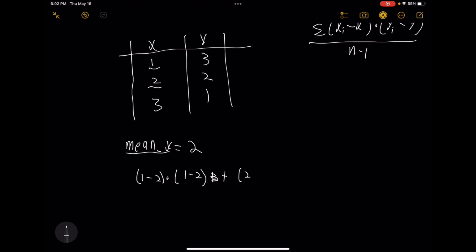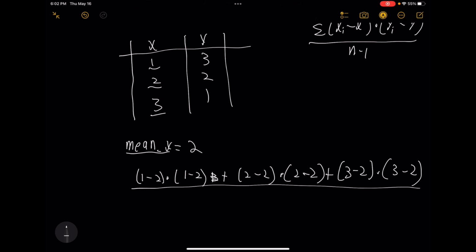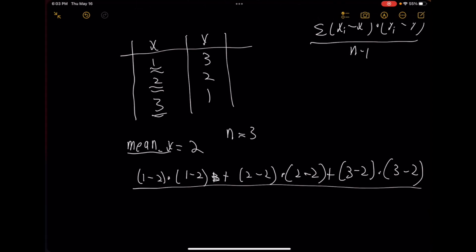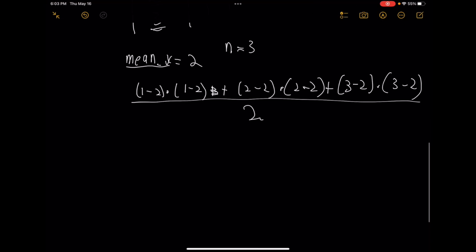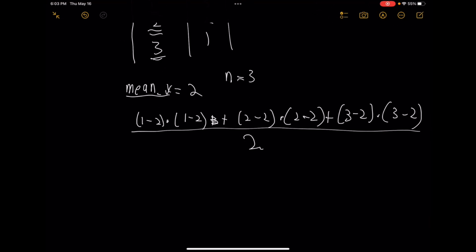So it'd be 2 minus 2 times 2 minus 2, plus the same exact thing with the number 3. So it's 3 minus 2 times 3 minus 2. And we take all of that over n minus 1. So in our case, n equals 3, so n minus 1 is 2. And that would give us the covariance between x and x, which is the same thing as the variance.